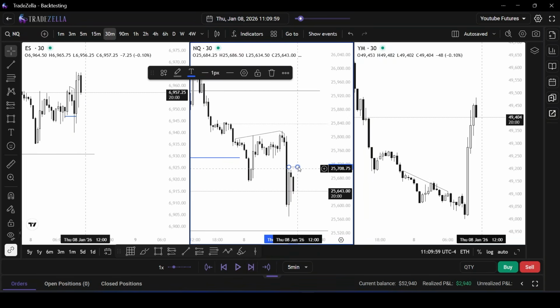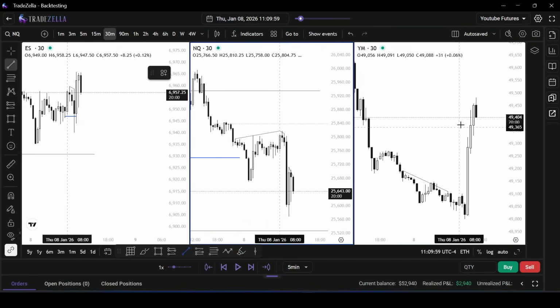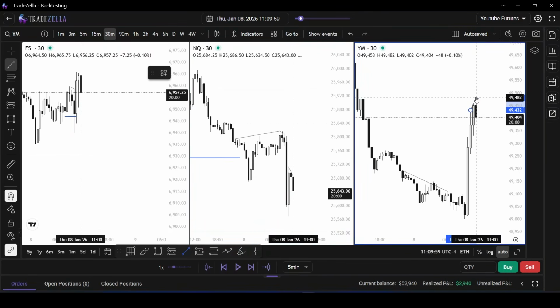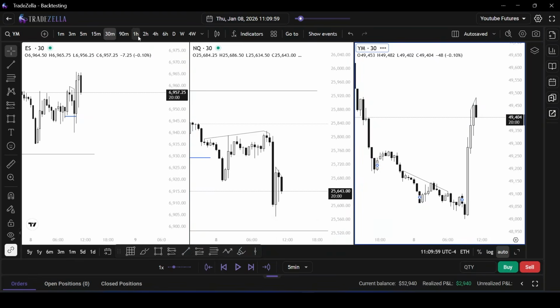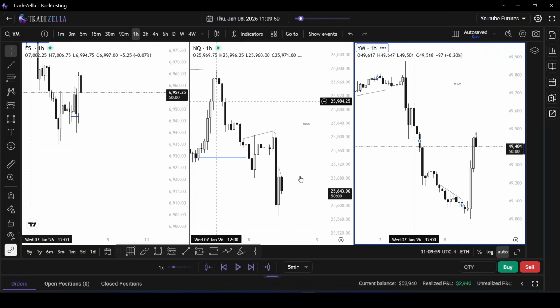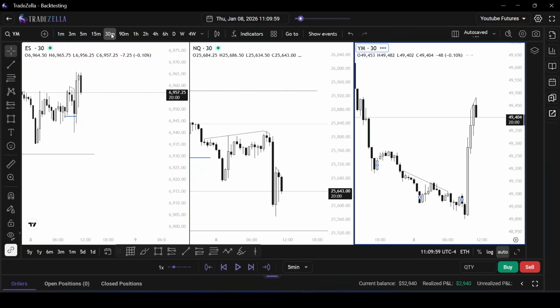Okay, we're getting now an SMT here with that fair value gap, right? You can see that here. We're getting an SMT in that fair value gap, right? So you can take a look at 30-minute. The only thing is we're gonna have a problem: we need to wait for this candle to close.